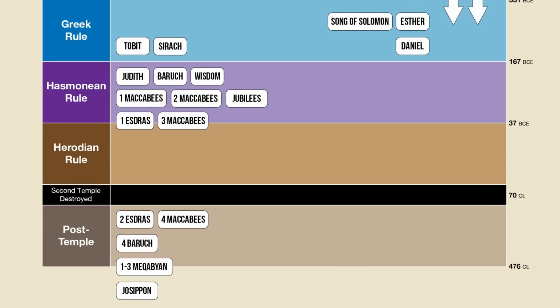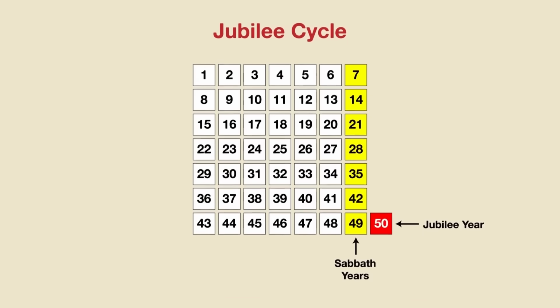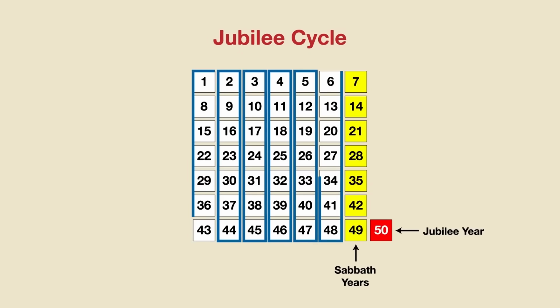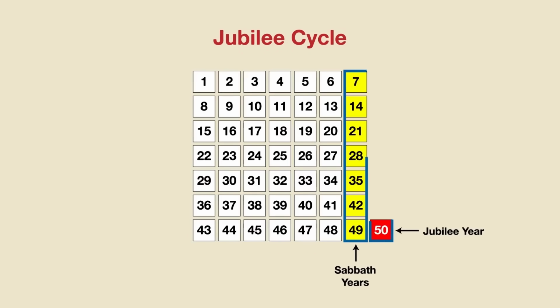It centers around the idea of the Jubilee cycle, a concept from the Torah in which the land is given rest every 7 years, and then after 7 cycles of 7, there is a special Jubilee year.